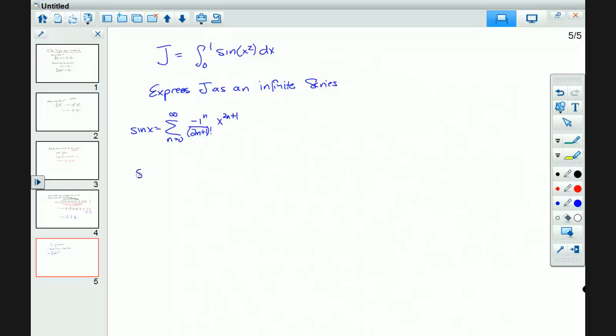So sine x squared is x squared in here, right? What is that x going to become then?